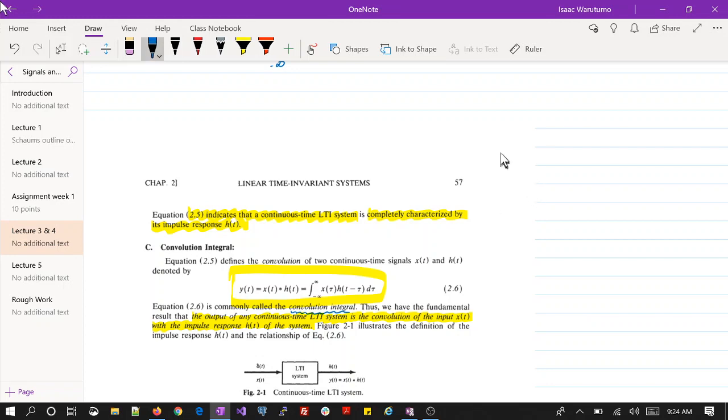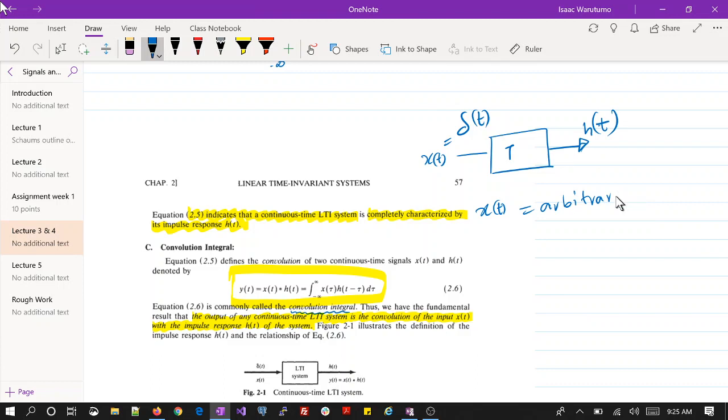So we are saying that if you input x of t equals delta t into this LTI system, the output that you get, which is h of t, can always assist you to describe the system even when x of t is an arbitrary signal and is not necessarily equal to delta t.